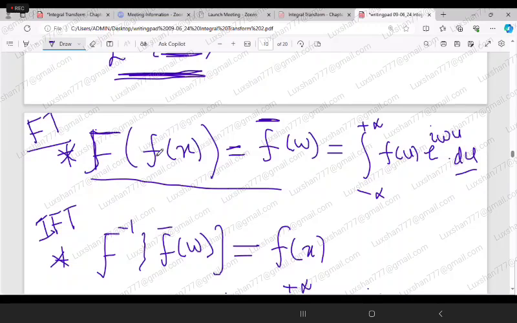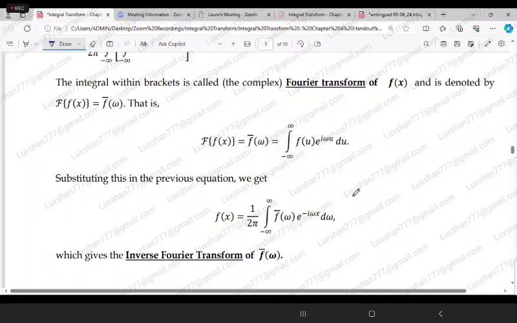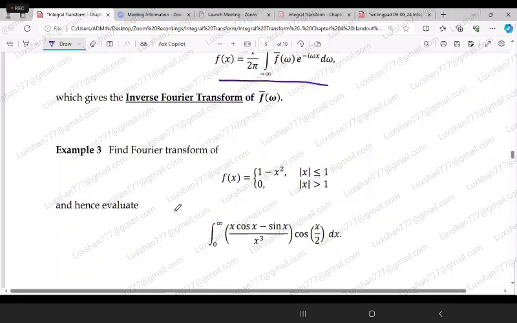Right, fine. Now let's have an example. Find the Fourier transform of the function f(x) equal to 1 minus x squared, and hence evaluate the integral of (x cos x minus sin x) over x cubed. Now let's find this value.